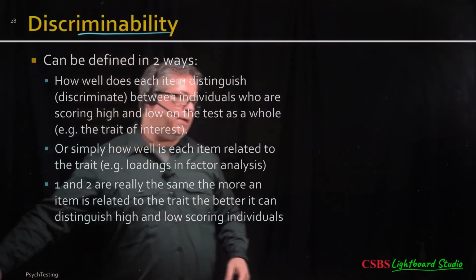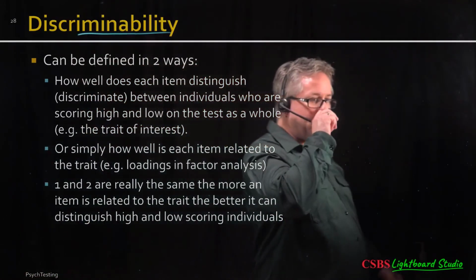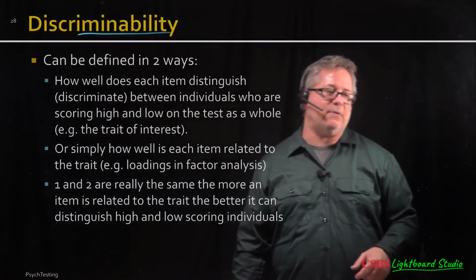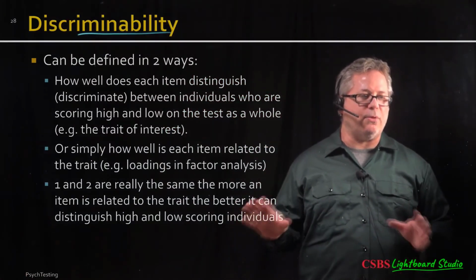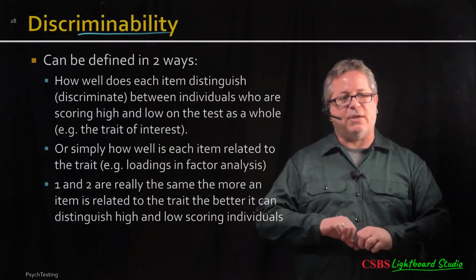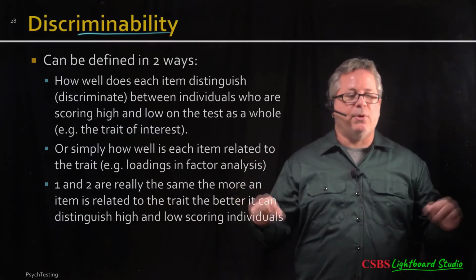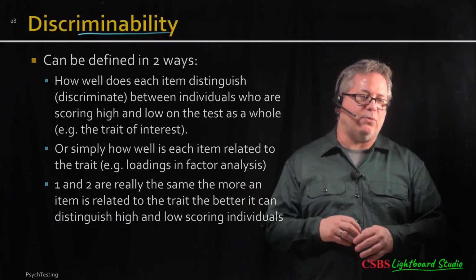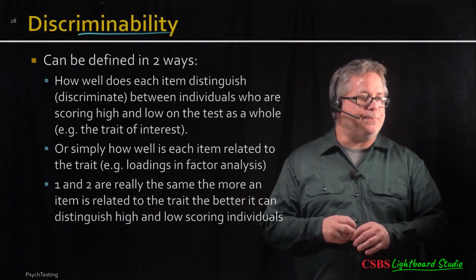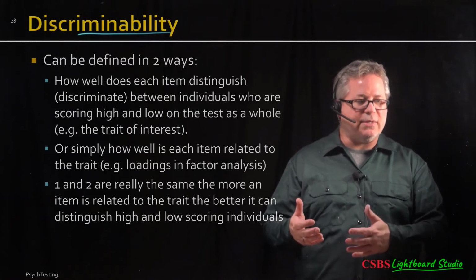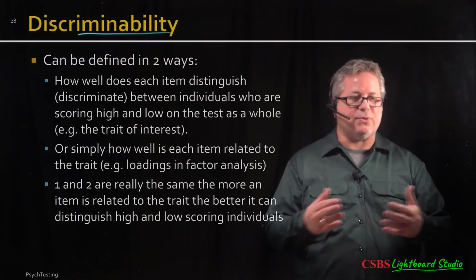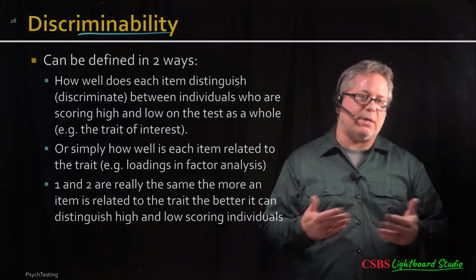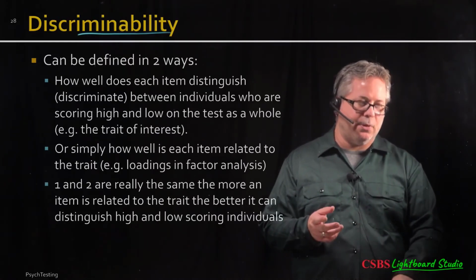Or, simply, how well is each item related to the trait itself? So you can think of that in both of those ways. So 1 and 2 are really the same. The more an item relates to the trait, the better it can distinguish between high and low individuals. They're the same, but they do allow for different approaches to how we test for discrimination.